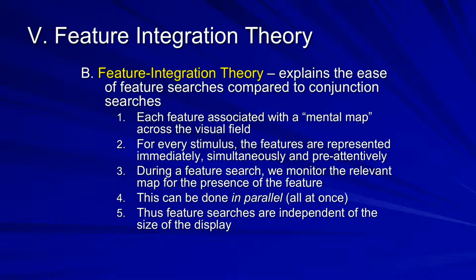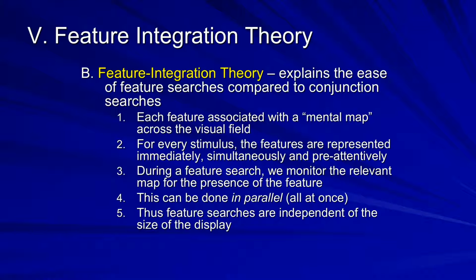So if we're looking for blue things, that's one map. If we're looking for O's or P's or Q's, that's a second map. Then if we're looking for something else, maybe it's supposed to be upside down, who knows.